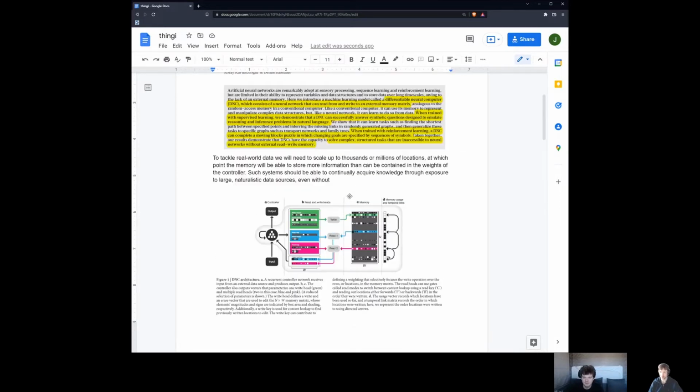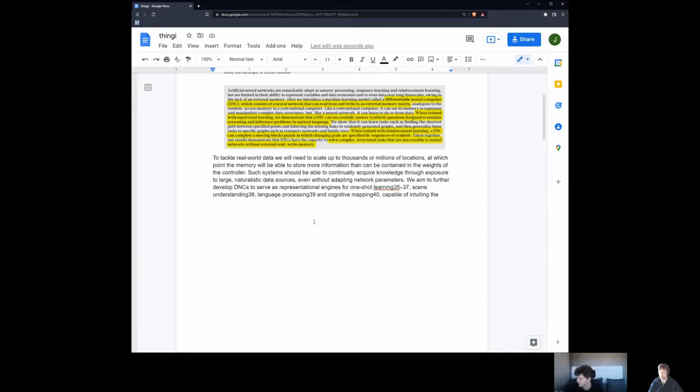Yeah. So okay, to tackle real-world data, we will need to scale up to thousands of millions of locations, at which point the memory will be able to store. Wait, so what they're basically talking about here is why do you need memory? Like Henrik said last time, the weights that neural networks have are basically kind of memory, but the issue is that they remember broad information, but can't remember specific variables very well.